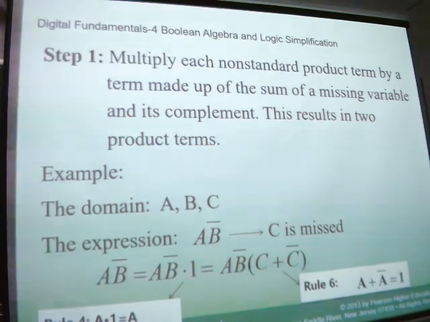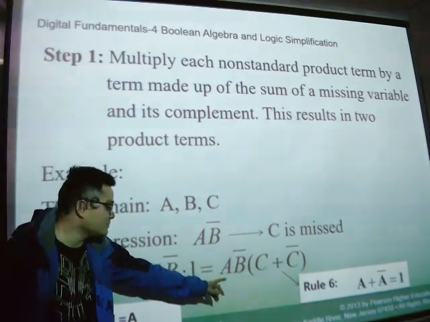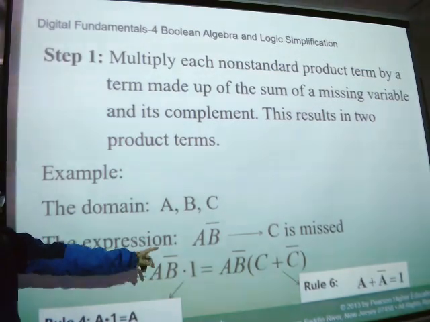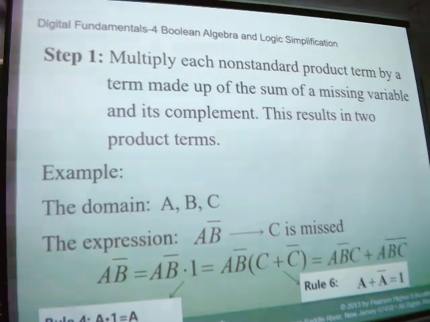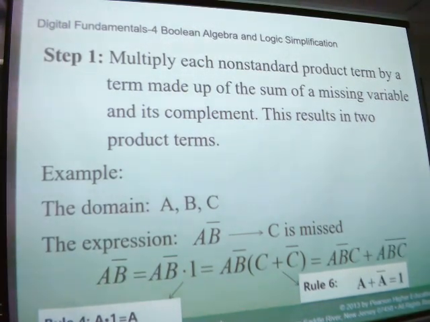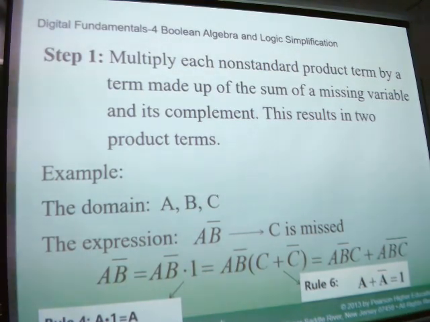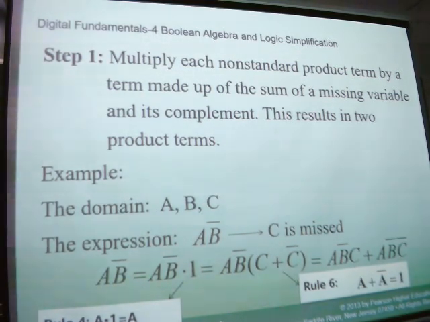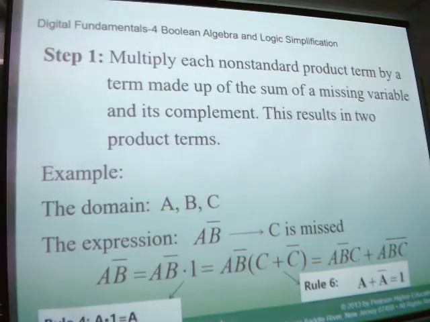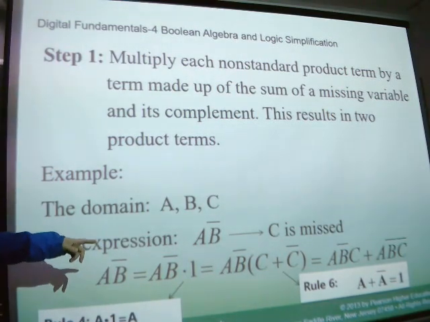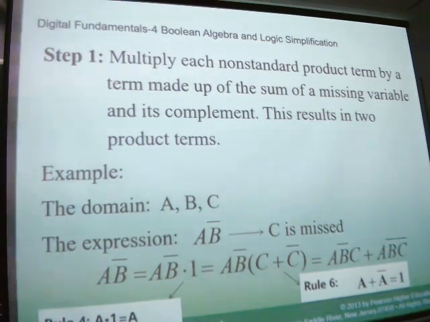Rule 6: C plus C bar equals 1. And then according to the distributive law, it equals AB bar C plus AB bar C bar. Then the last form is the standard SOP form.